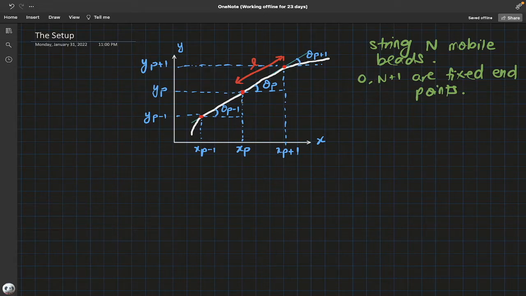But there are n mobile beads that are basically moving up and down. So this is the beads on a string problem. We need to find equations of motion, specifically motion in the y direction.